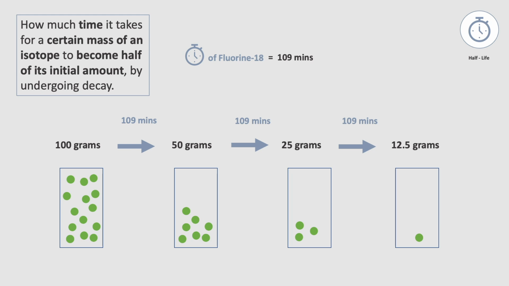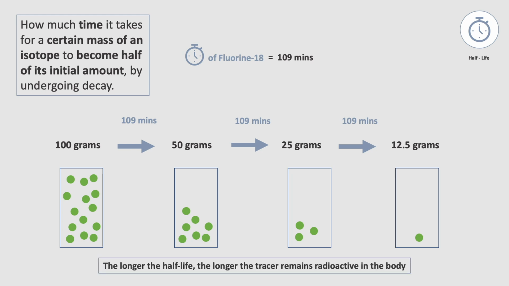During the process of a PET scan, it is important for the doctors to know what the half-life of the radioactive substance is. It determines how long the tracer remains radioactive in the body. And it's a huge difference if the radioactive tracer is active in the body for only a second or for millions of years.